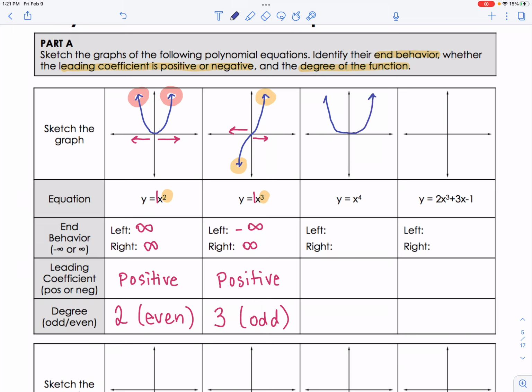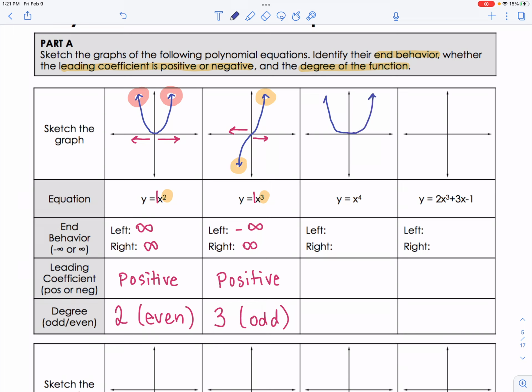As I go to the right, my graph is going up towards positive infinity. My leading coefficient is a positive 2. And my degree is 3, the greatest degree in the polynomial. So this is 3, which is odd.